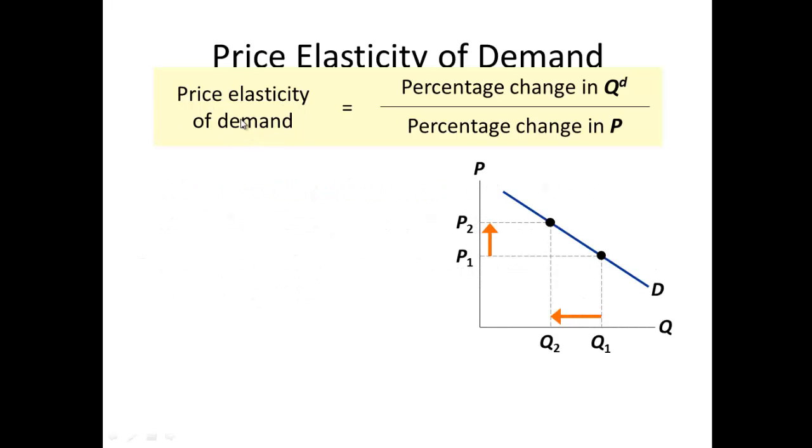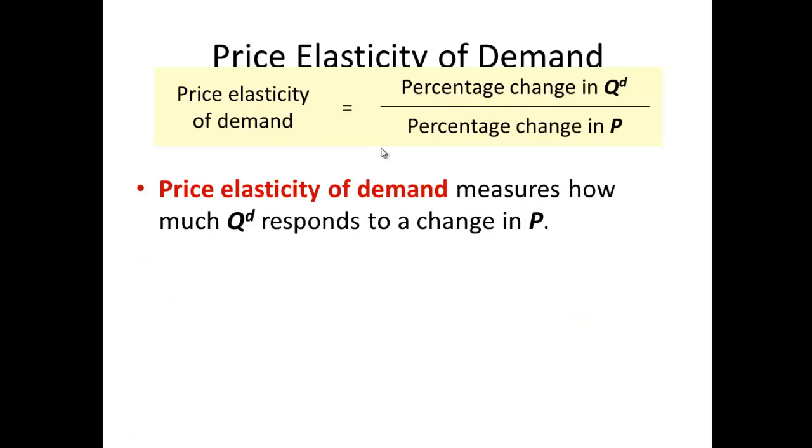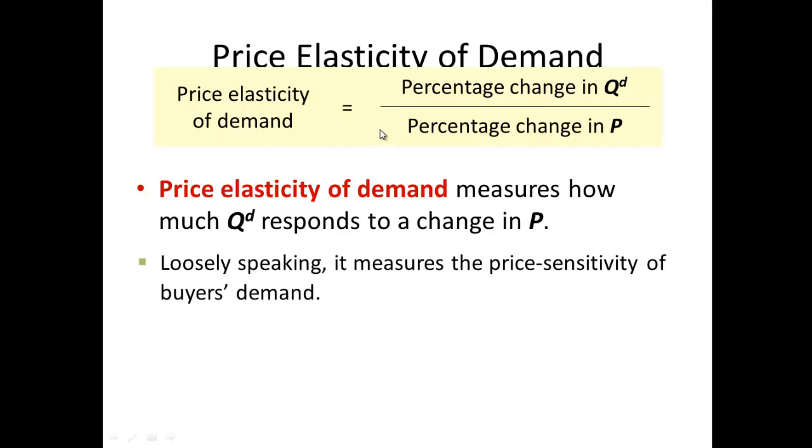Now, let me tell you about price elasticity of demand. Remember, in the first lecture, I told you that it is about measuring the qualitative and the quantitative. When we do the qualitative, remember we said positive or negative. Is it a positive change or a negative change? And it depends upon whether it's the buyer or the seller.